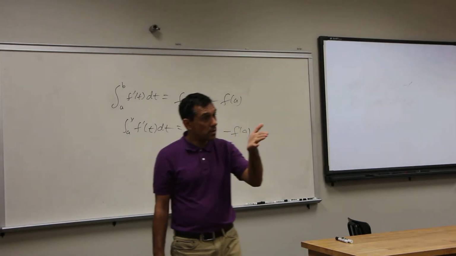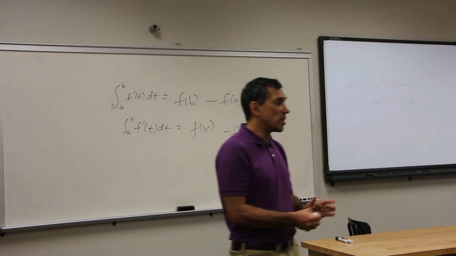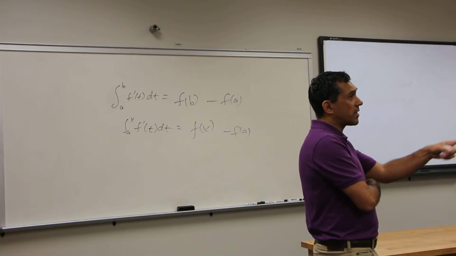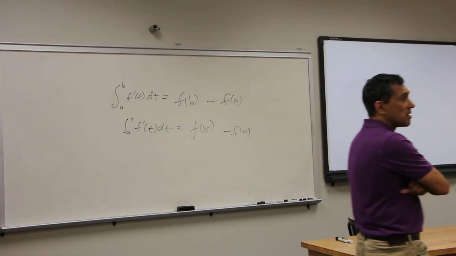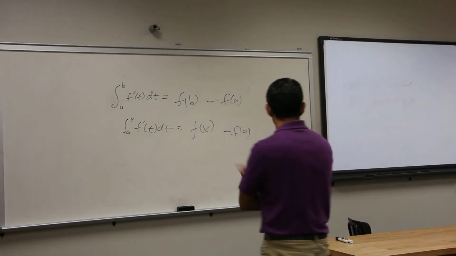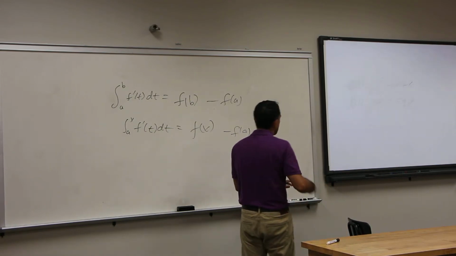Now, if somebody gives you a derivative and they ask you for the function, you will say, I will have it up to a constant. But then if they give you an initial condition, then you are picking up a constant. So, here is the problem.